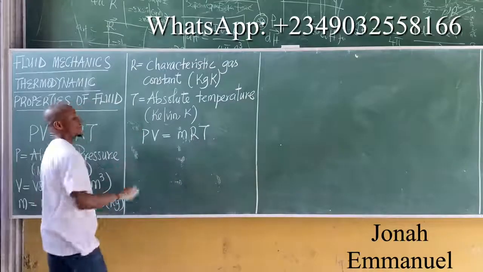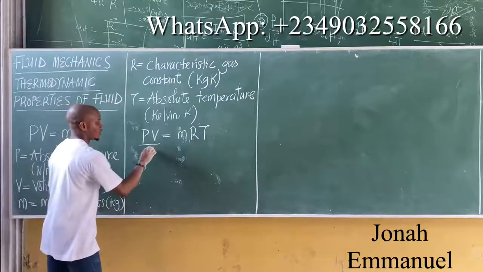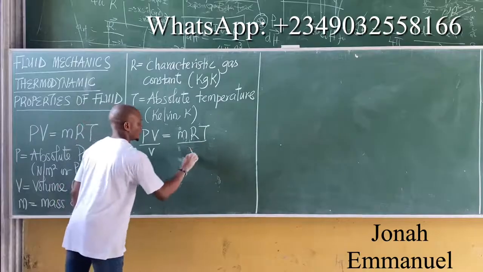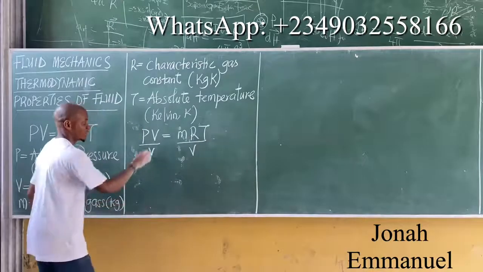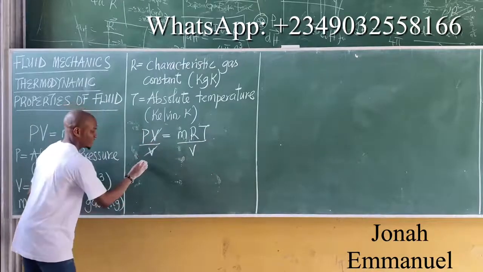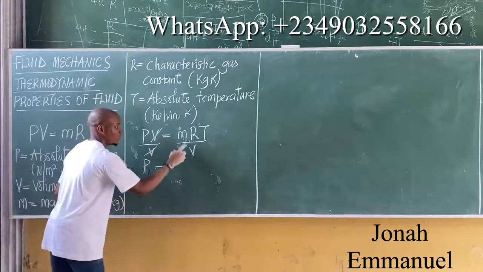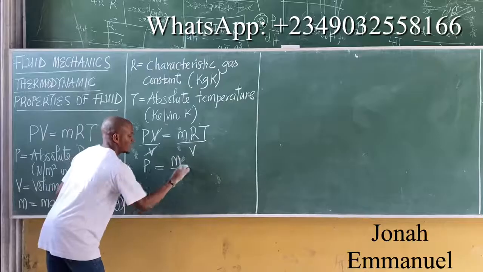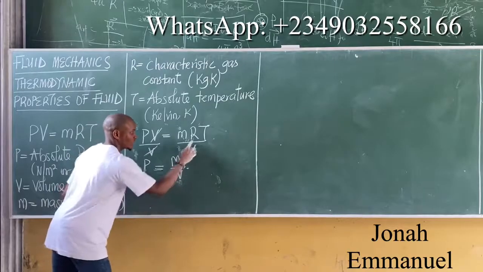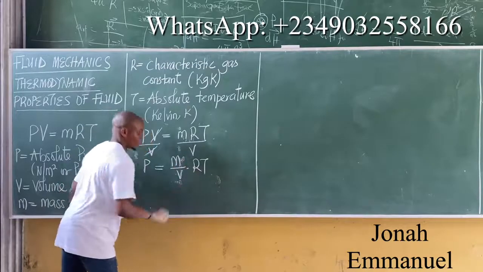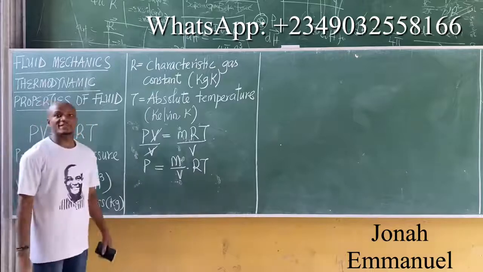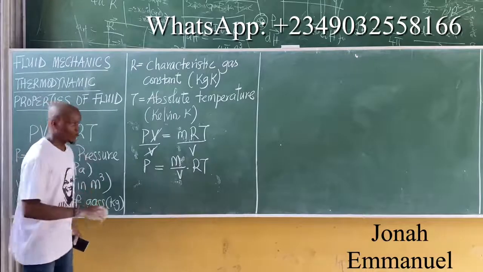If I divide both sides by volume, V cancels V. That means the absolute pressure is equal to m over V times RT.